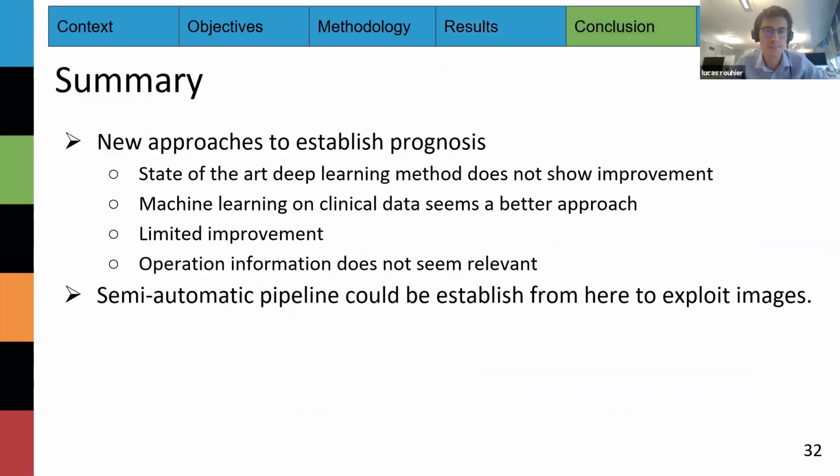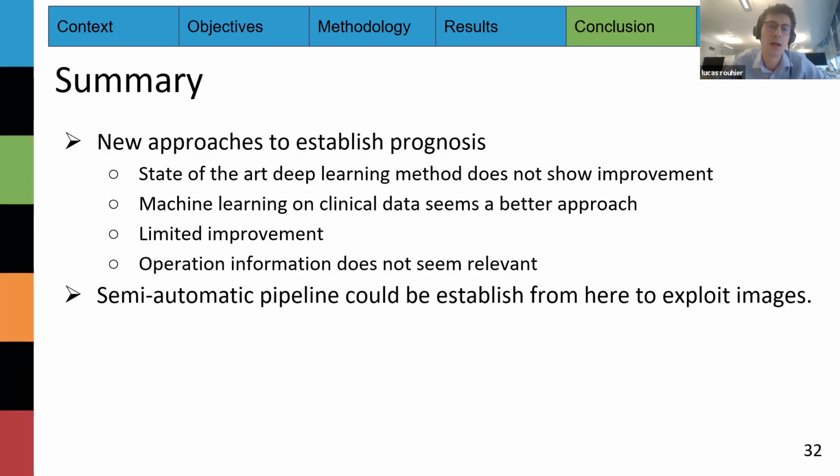So in summary, we have tried new approaches to establish prognosis, and state-of-the-art deep learning does not seem to be the best method right now. So maybe focusing on machine learning on clinical data and extracted features might be a better approach, even though we can provide only a limited improvement at the time. And what is important also is that the operation information does not seem relevant, even though it has been kept in previous literature.